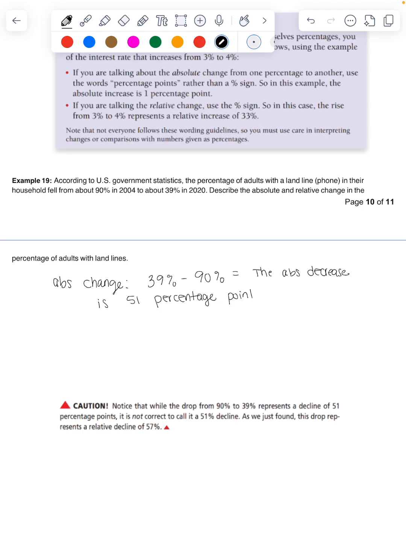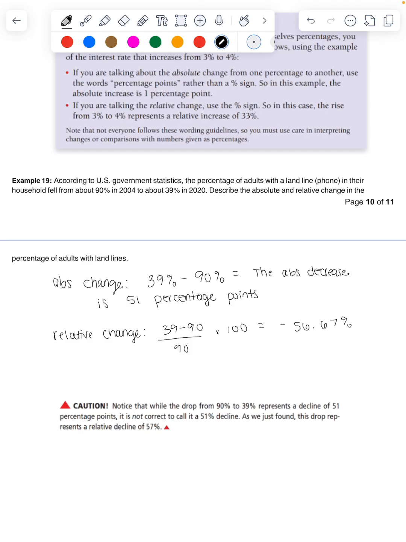But the relative change, we've got 39 minus 90 over 90 times 100 is going to be negative 56.67%.